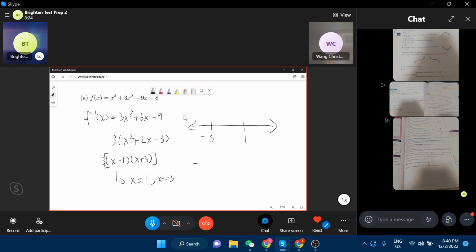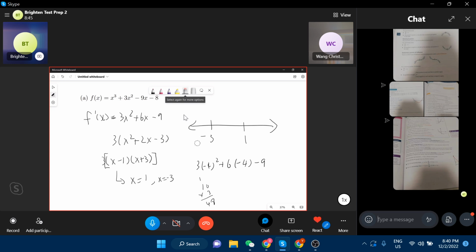So let's do 3 times -4 squared plus 6 times -4 minus 9. So 4 fours are 16, right? And 16 times 3, 18, and 3, 48.